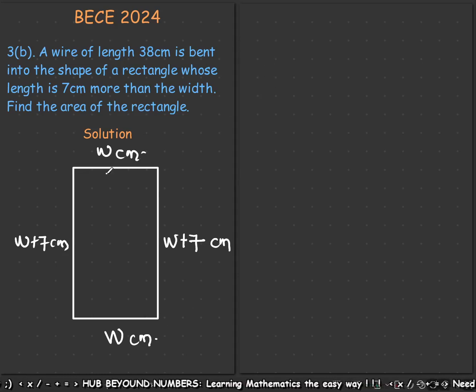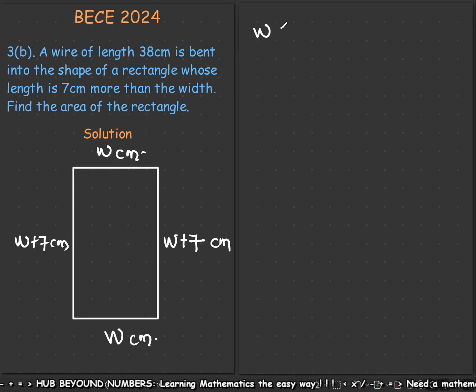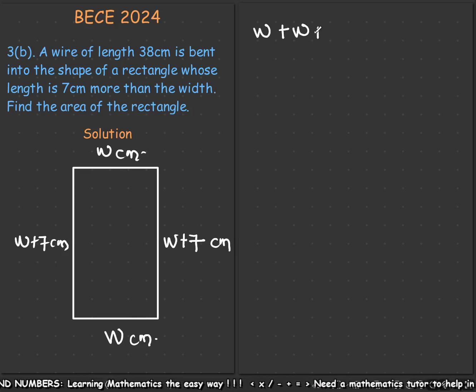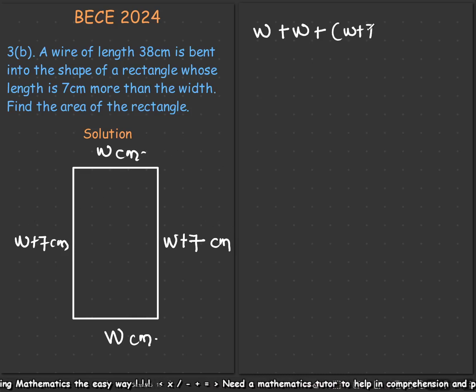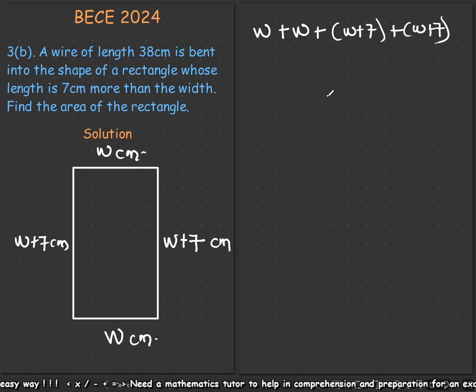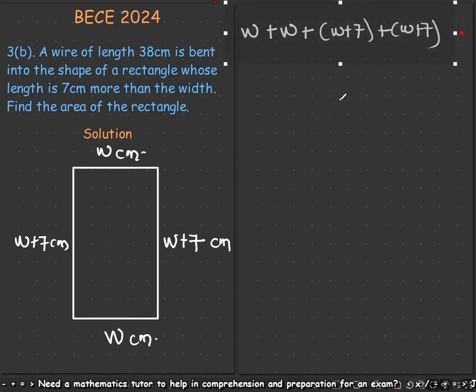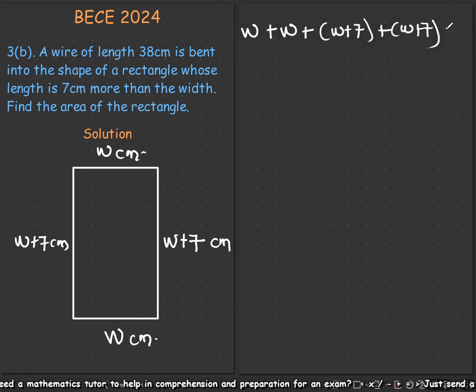And if we add W to this W, and then add the length, that is W plus 7 plus W plus 7, we are supposed to get 38. So it's equal to 38.